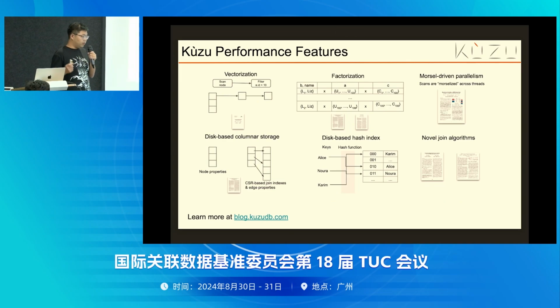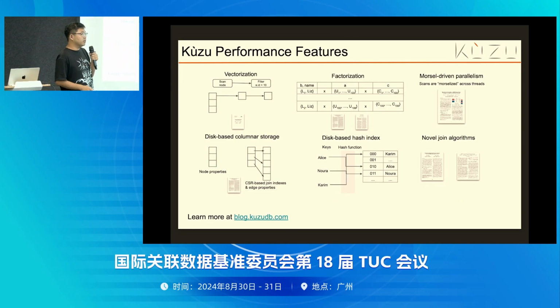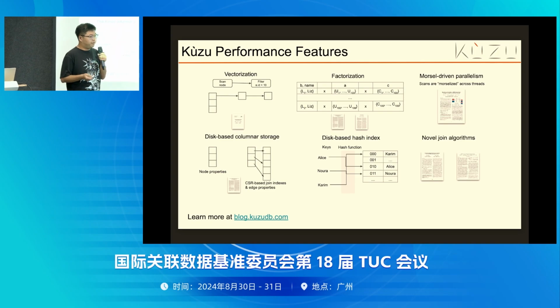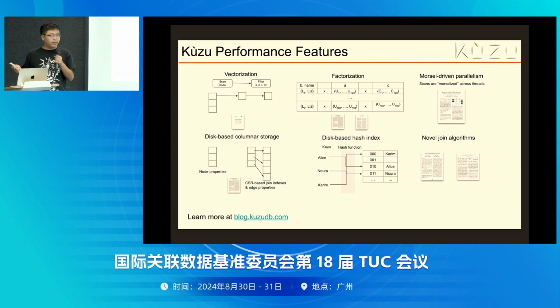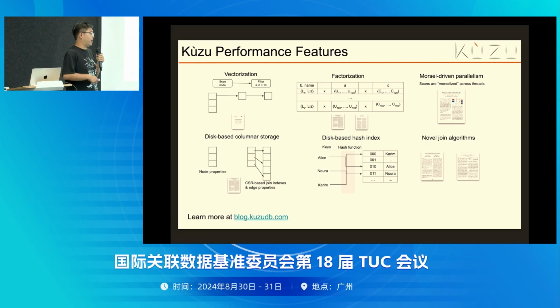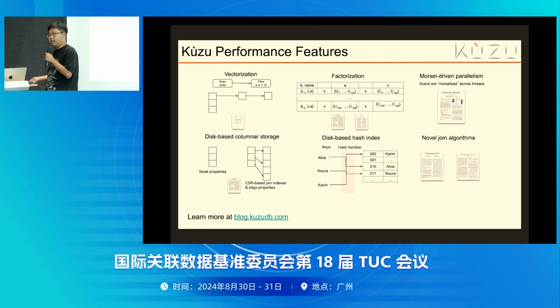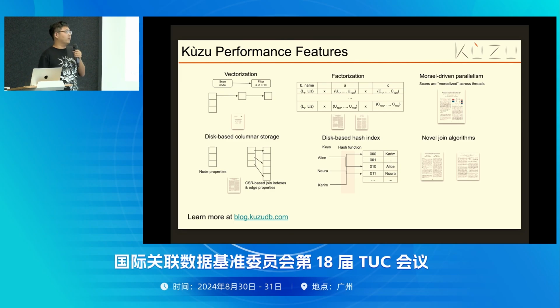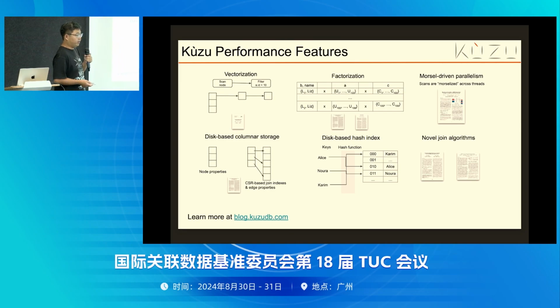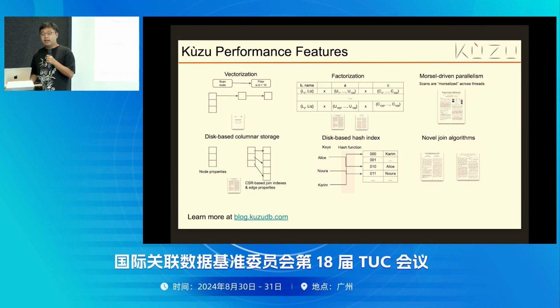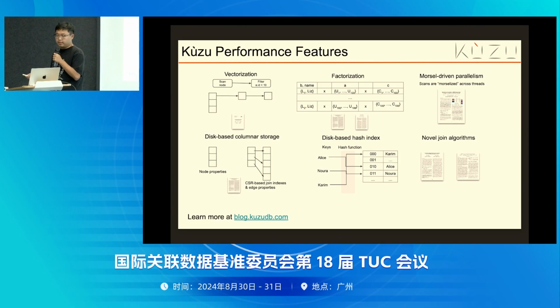Alongside those user-facing features, we also did quite a bit of performance improvement internally. As I said, we started as a research prototype, and when we implemented Kuzu, we tried to convert some of our research ideas and implement them seriously in the system. The general principle we follow is that whenever we implement a new database component, we go to the community and look for state-of-the-art solutions.